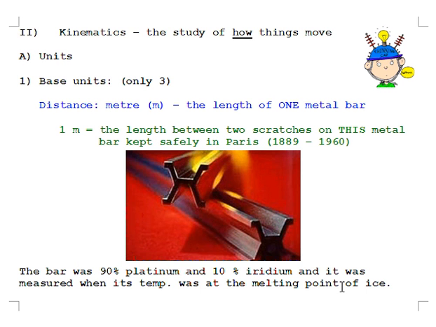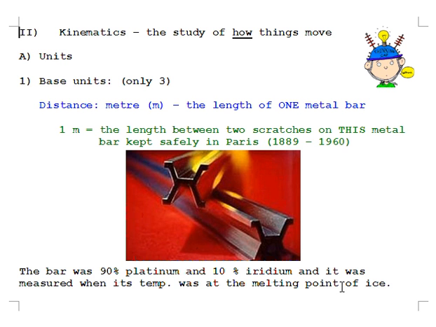They put some scratch marks on those metal bars, and those bars, 90% platinum, 10% iridium, were kept safely in a vault in Paris, at a place called the International Bureau of Weights and Measures.